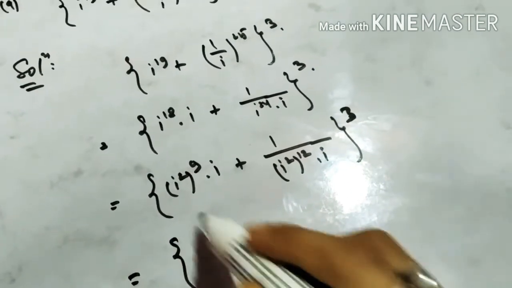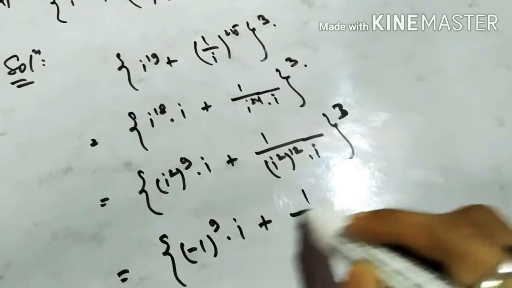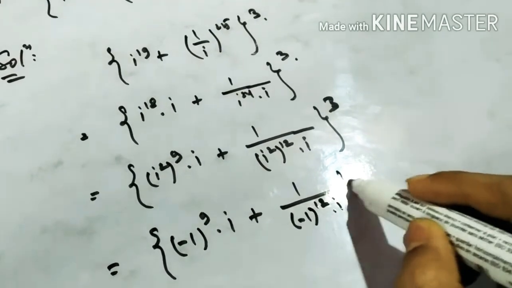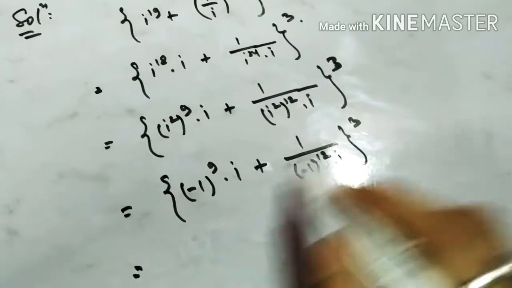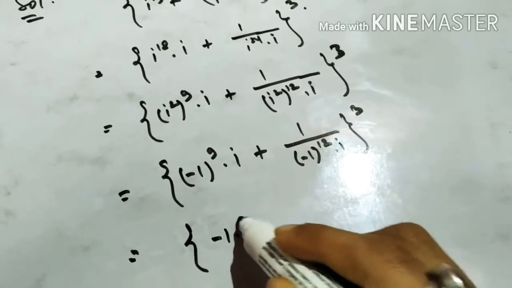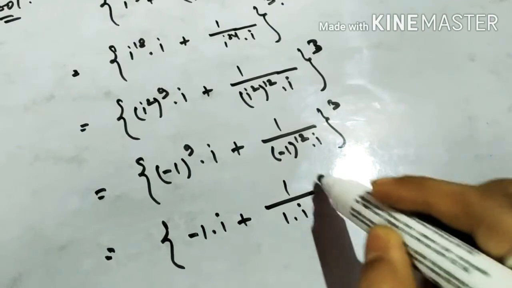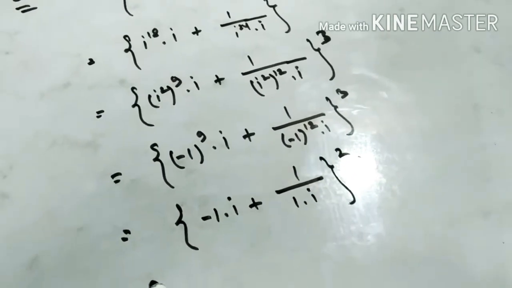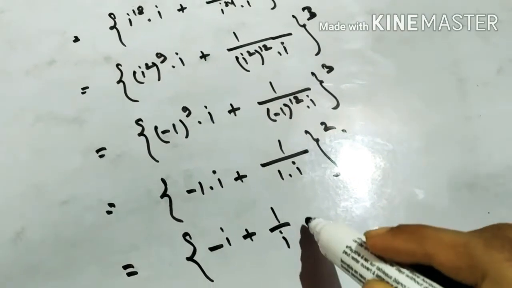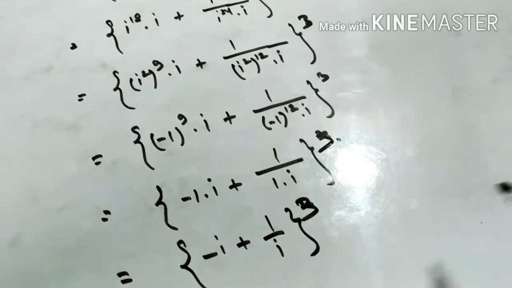So this will become minus 1 to the whole power 9 into i, 1 by minus 1 to the whole power 12 into i to the whole power 3. This will become minus 1 into i plus 1 by 1 into i. So I will get minus i plus 1 by i to the whole power 3.